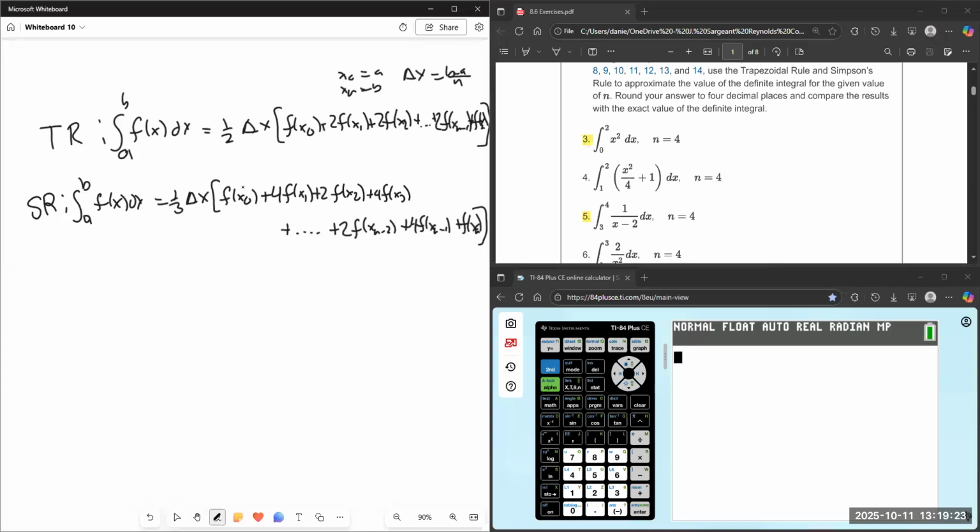And in Simpson's rule, n must be even to use Simpson's rule.